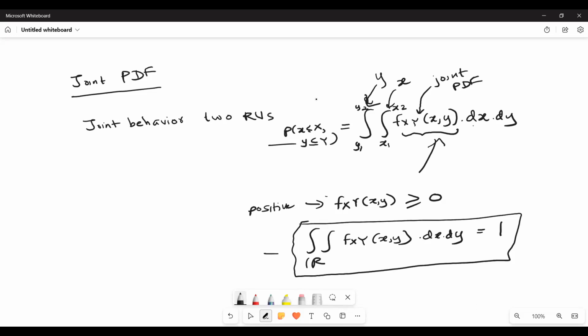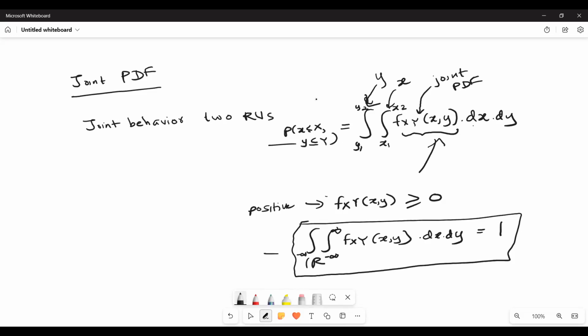In the second integration, you are considering the entire x and y ranges that are defined for the random variable. That means we are considering each and every value that x and y can take, and then integrating over that entire region. So if the x value ranges from minus infinity to plus infinity, we need to consider those limits.